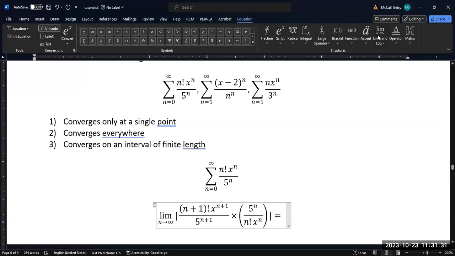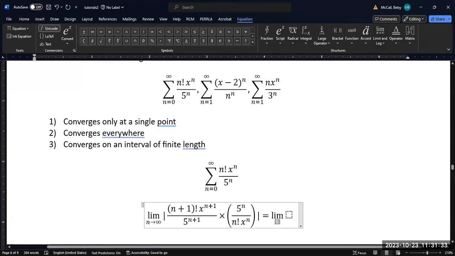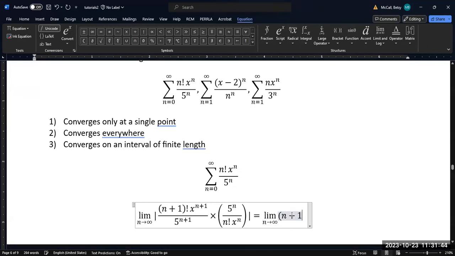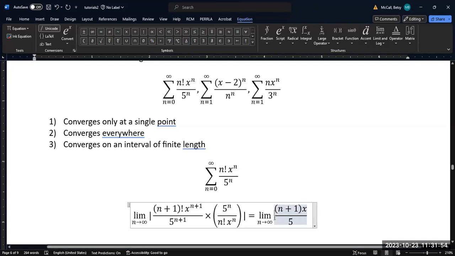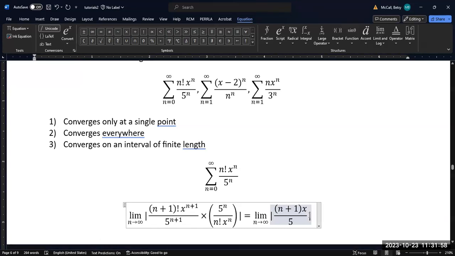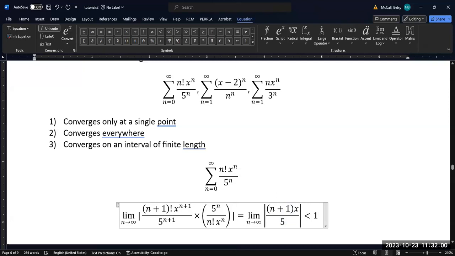And so we're going to end up with another limit as n goes to infinity of, so we had an n plus 1 left over from the factorial, an x left over from the x's, and a 1/5 left over from the 5s, and we want this limit to be less than 1.